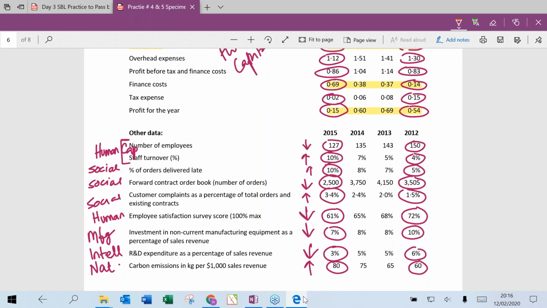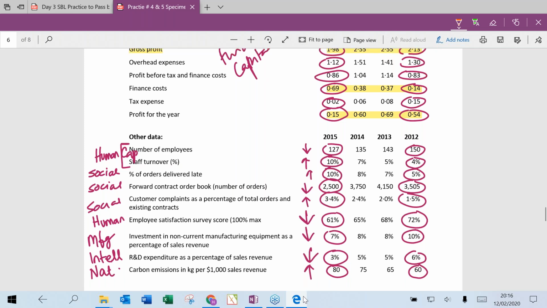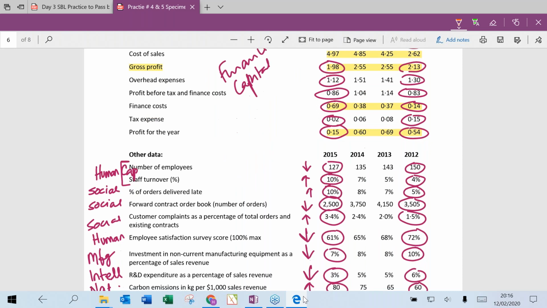Then we will talk about human capital, our employees. Our revenues are going up, but our number of employees is going down. Our staff turnover has gone up, probably because it's now more workload on the people.